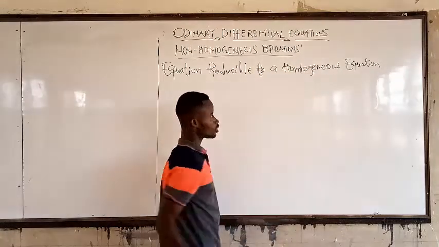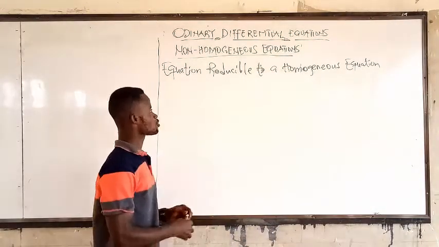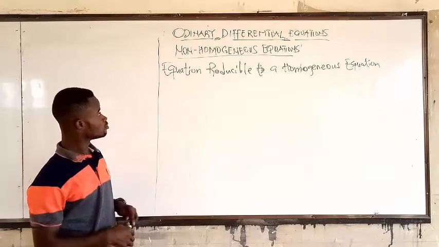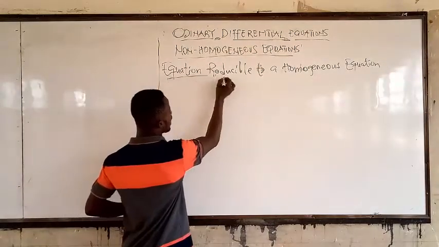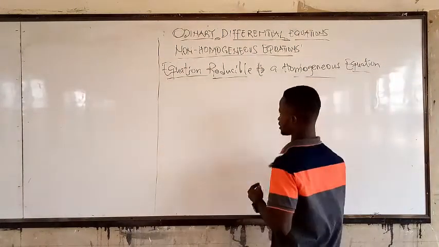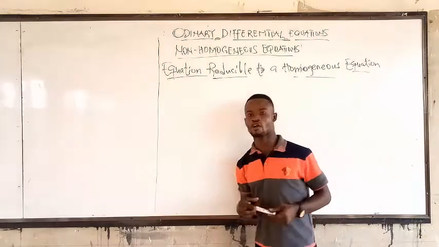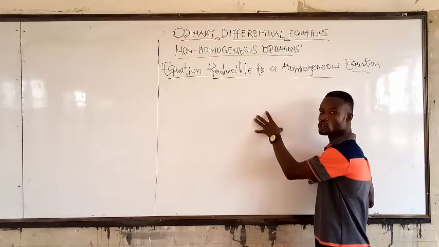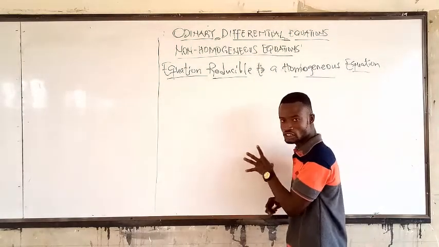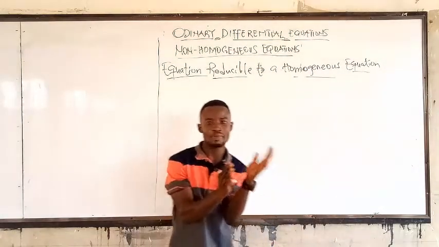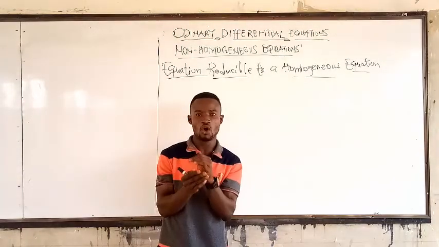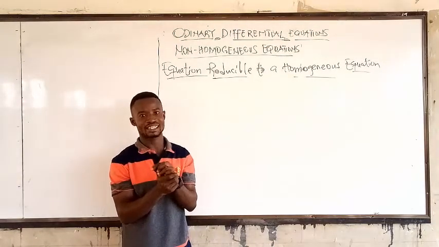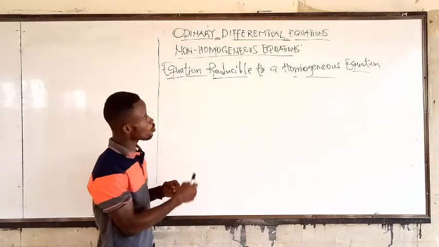Now, you can recall from your homogeneous equation how we solve it. It's the same thing that we are going to do here, but here the equation that we are going to give to you is not homogeneous. So we transform it back to a homogeneous equation.